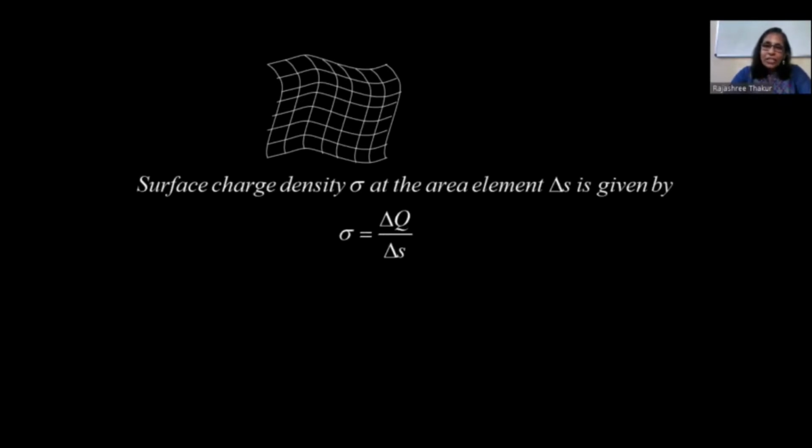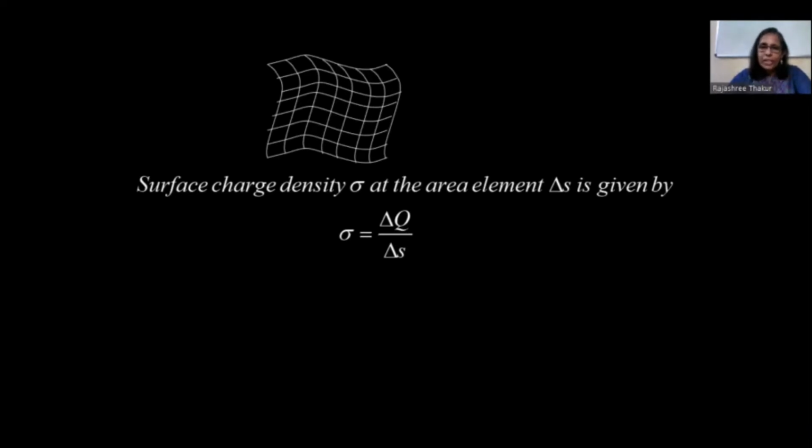For surface, we'll define surface charge density. Let us give a symbol sigma for that. How do we define it? Surface charge density sigma at the area element delta S is given by delta Q divided by delta S. What it means? Charge delta Q on that area element divided by the area of that element.